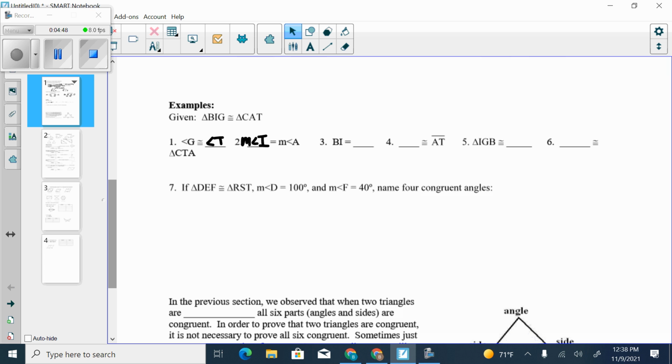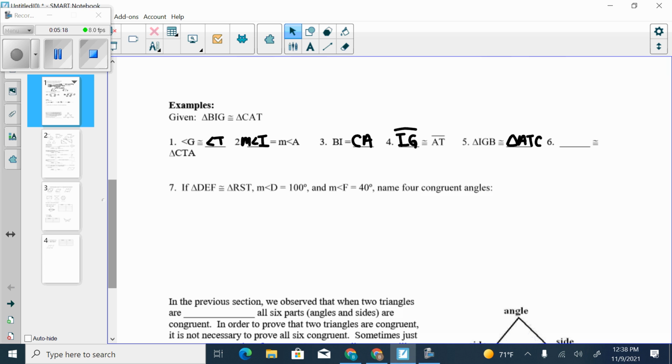On number 3, what side or segment should be equal to BI? Very good. And what segment should be congruent to AT? Right. They list the order of the letters as triangle IGB, I would say that's congruent to ATC. Good.